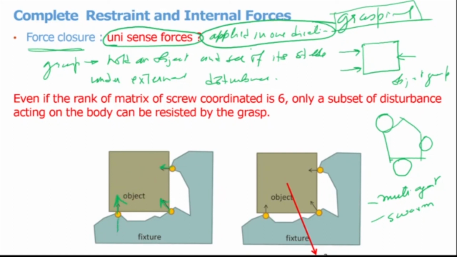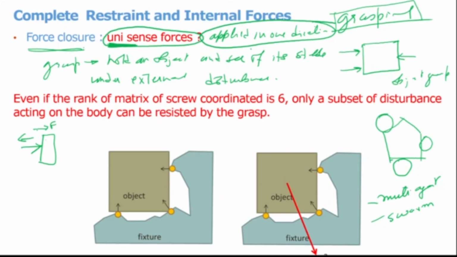There cannot be a force in this direction. It's not possible. It's like pulling the object. If you have an object here and you're pushing it from here, you can't pull it like that. Why? Because the contact will break immediately. So these forces are in one direction only, and this is what we call unisense direction of forces. They are not bidirectional. They are unidirectional forces.